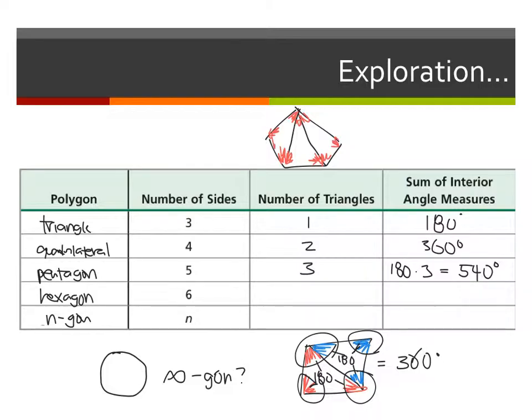Try to guess how many triangles you can form with hexagons so that all the interior angles of the triangles cover the interior angles of this hexagon. George? Is it 4 triangles? It is 4 triangles.